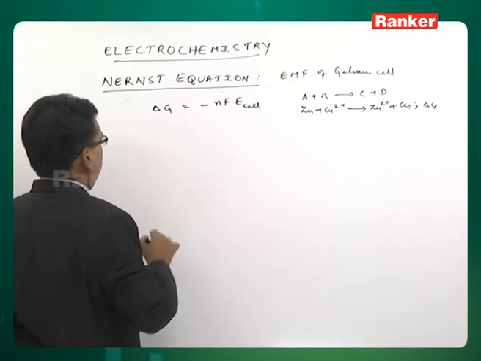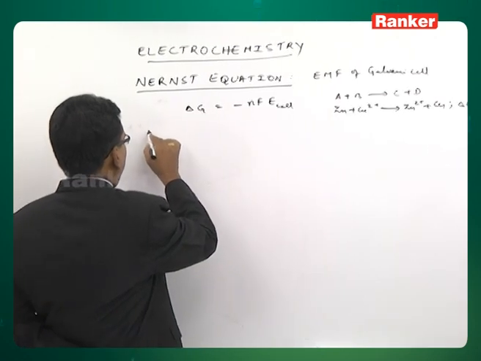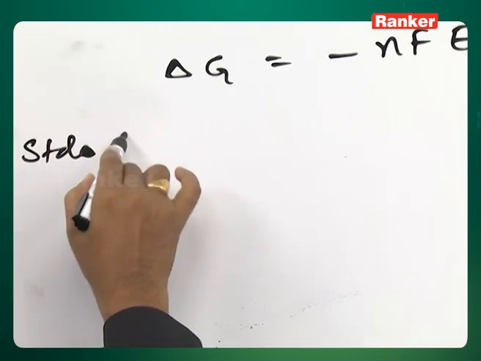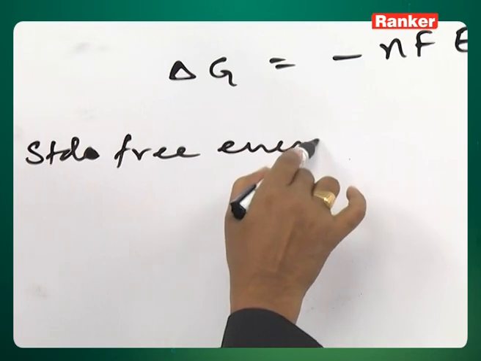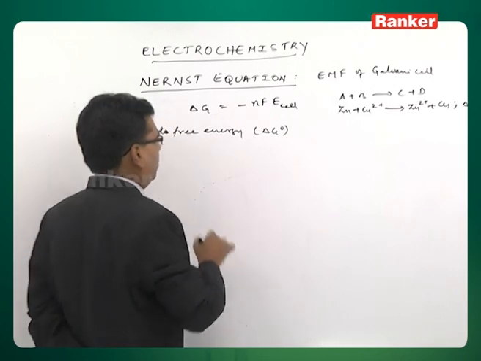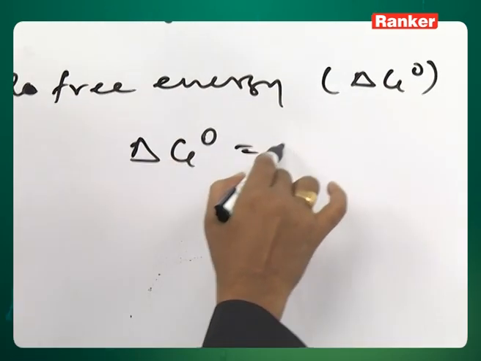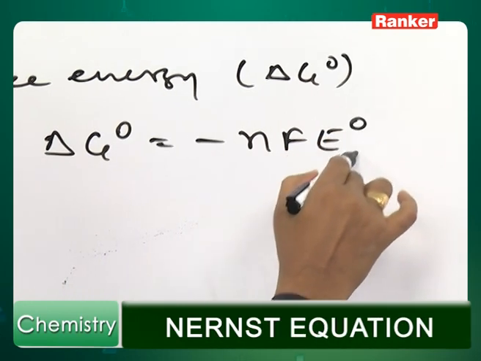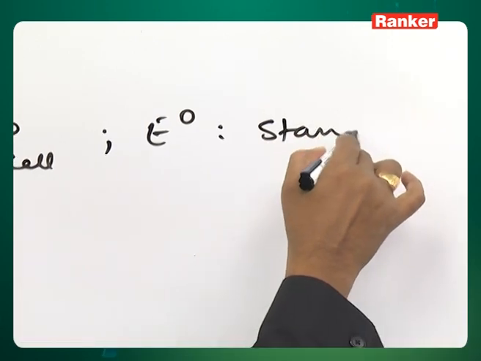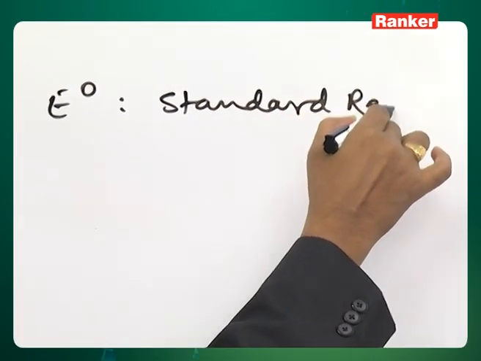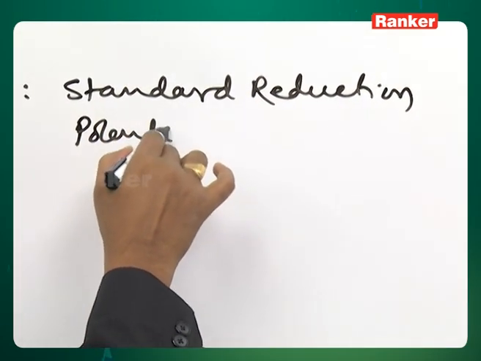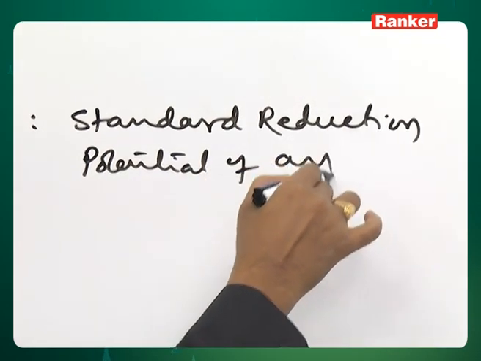Then also here we have something called standard free energy, delta G naught. When delta G is equal to minus nFE cell, delta G naught is equal to minus nFE naught cell, where E naught is said to be the standard reduction potential of an electrode.